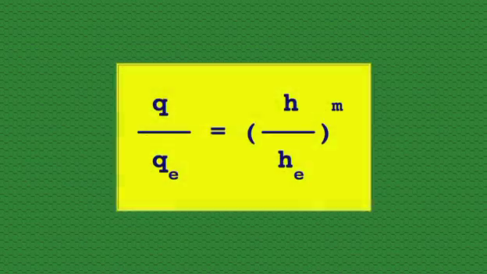Where, unlike the storage concept, H sub E is now the equilibrium flow depth at the outlet. Relating discharge at any time to the discharge at equilibrium state at the outlet, defining the kinematic time to equilibrium T sub E as follows.